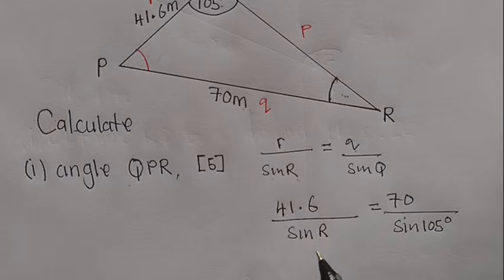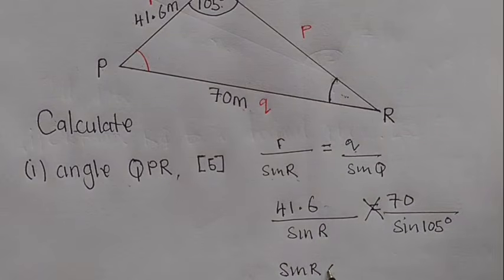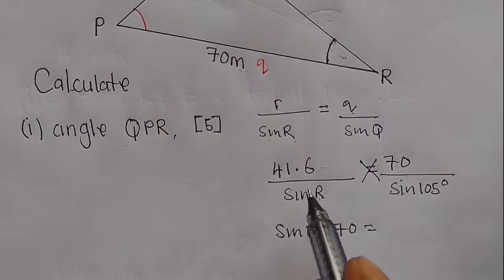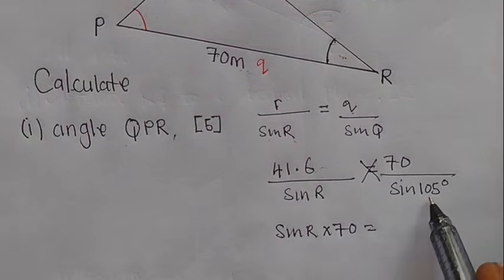So I want to find this angle right here. This is a fraction, this is also a fraction. We need to cross multiply. So sine R times 70 is equal to 41.6 times sine 105.